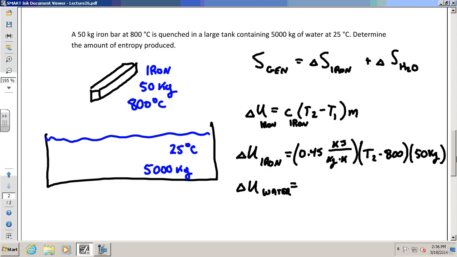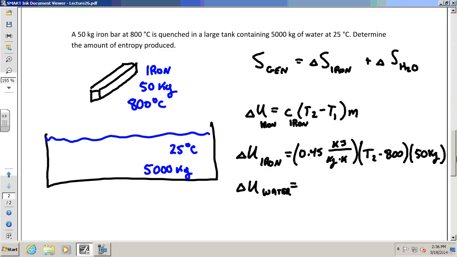You're saying the change in energies are equal to each other, and I'm saying, yeah, but be careful, because one's going up and one's going down. They are the same number, but remember, one's negative, one's positive. So be careful when you set them equal to each other. You can't exactly set them equal to each other, because one's negative, one's positive.